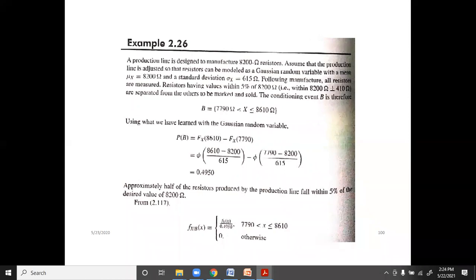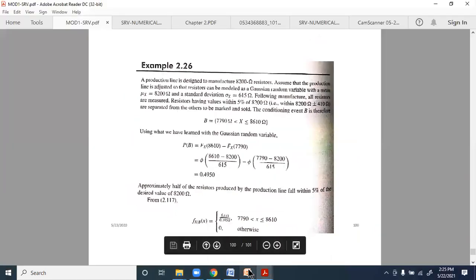Where that value is, we can try to find out, and double of that will give us the value 0.4950, because it is symmetric, and that can be seen directly from the table which is written over here.